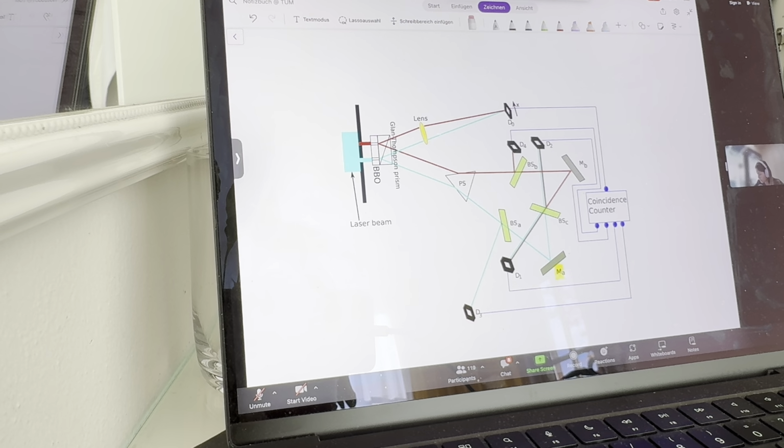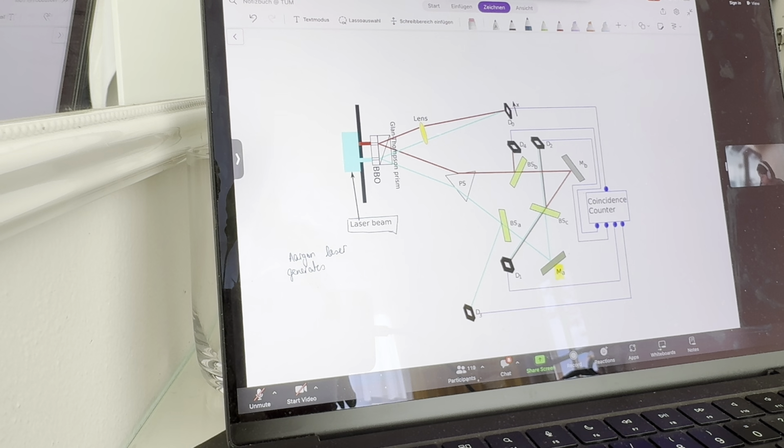So as I said, we have this laser beam here. So this is the laser beam. And if you're interested in more details about this laser, apparently this is an argon laser, which produces photons of a special frequency.